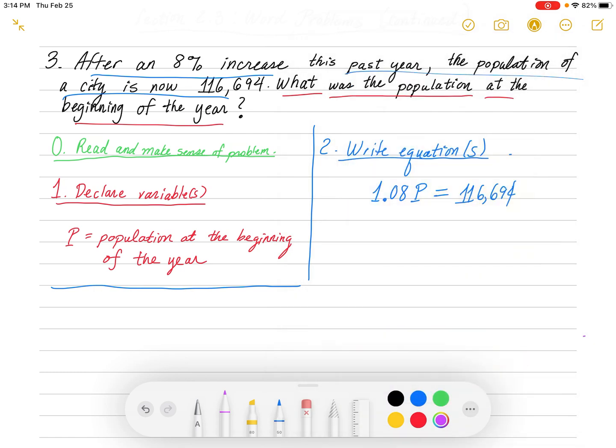So if I want to solve that equation, let's do step 3. I have 1.08 P equals 116,694. If I wanted to solve that equation for P, I'd divide both sides by 1.08.